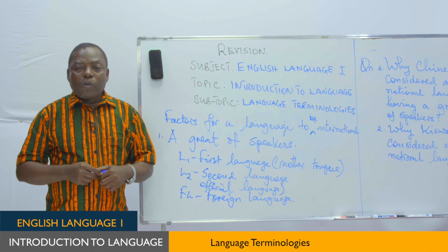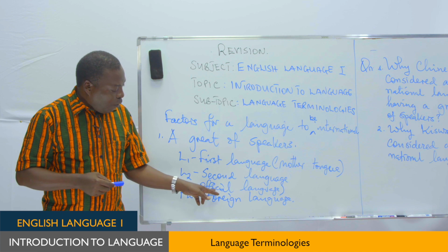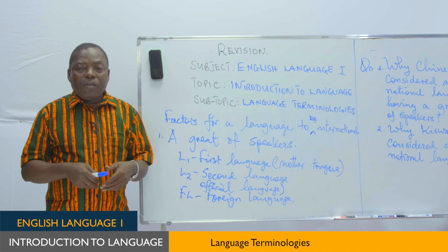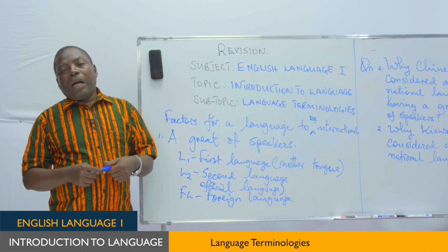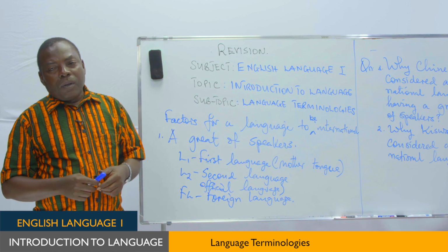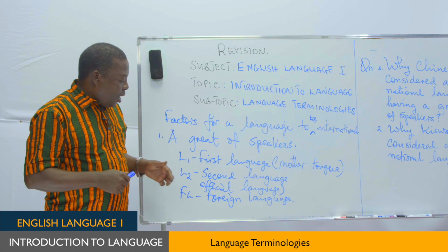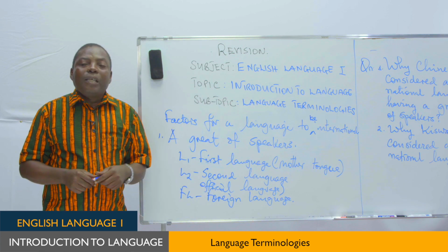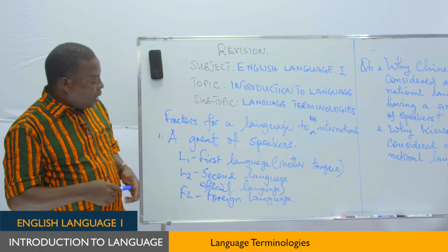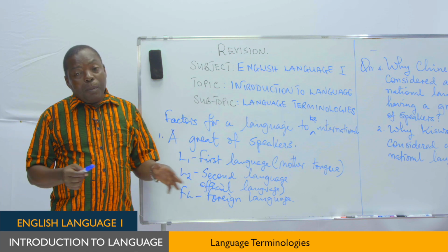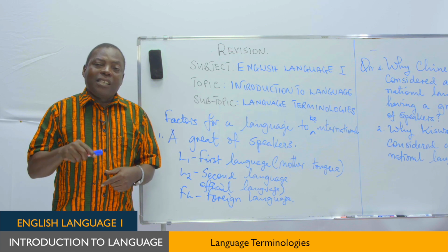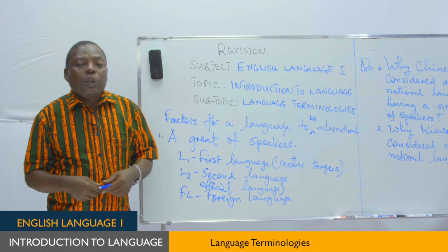The government does not force one to learn the language, like the official one or the second language. In our country, we can think of a language like French as a foreign language. Currently, even Chinese we can call a foreign language because we have people speaking Chinese as an additional language.